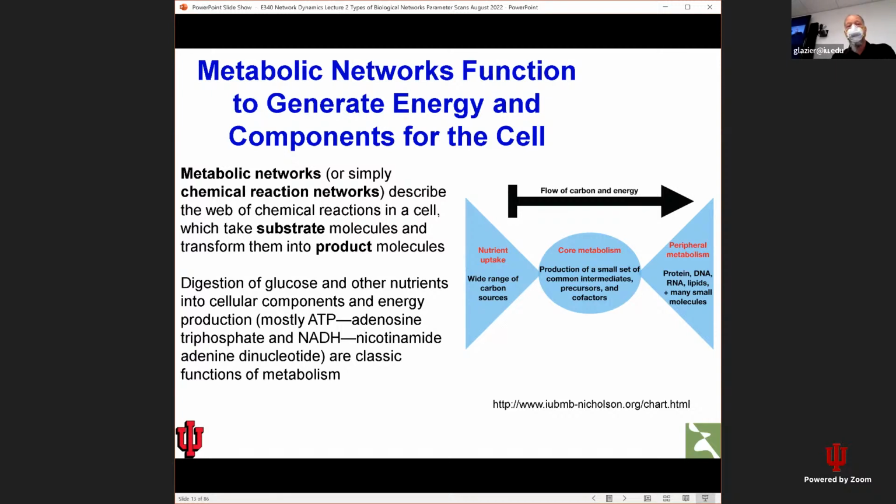But there are still a fairly limited number for things like energy currency, NADH and ATP are almost always the sources of energy. For lipids, there are a limited number and so on. So there's going to be a set of basic components that, if you want to take a biochemistry course, they'll go into a lot of that detail.